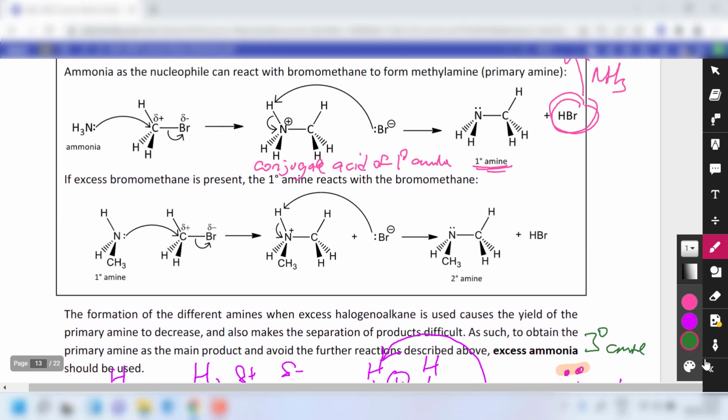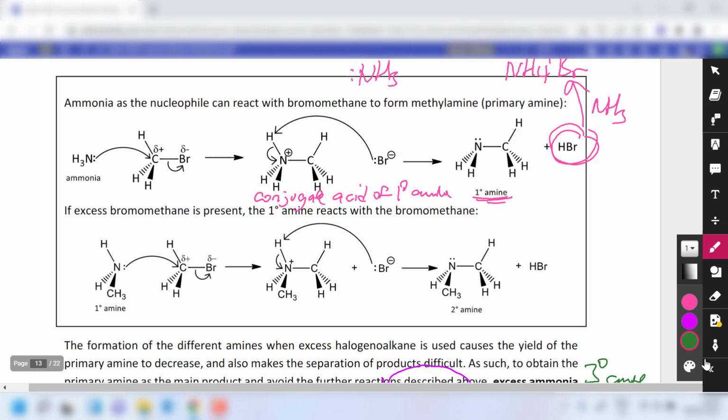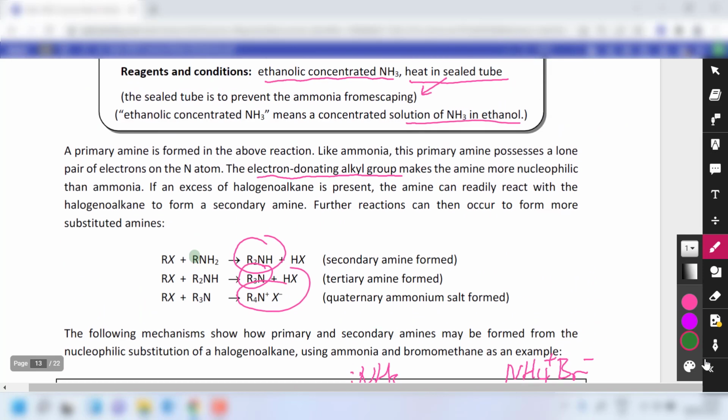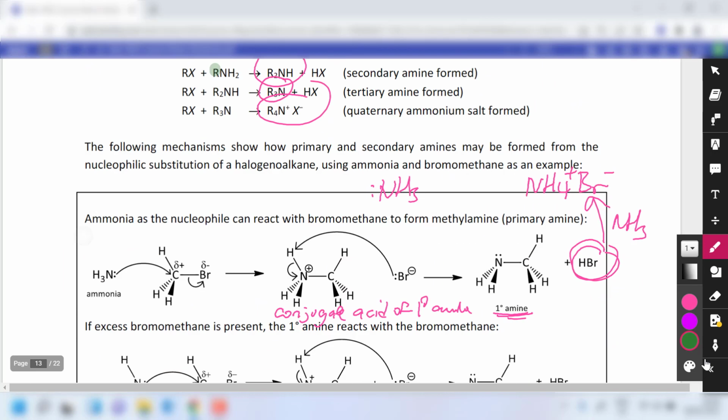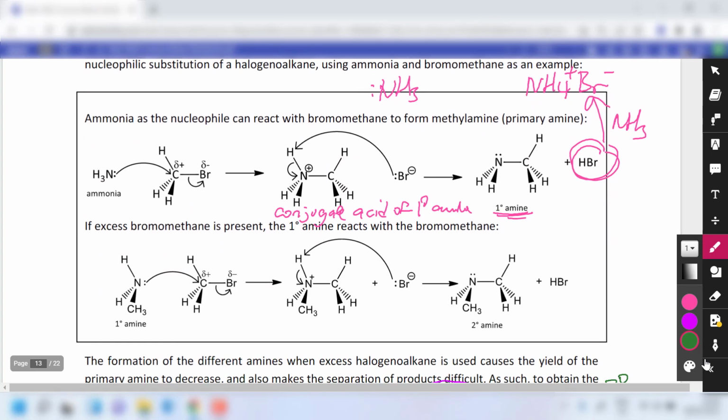You notice that over here in the mechanism, we did not draw out the transition state. So you'll be asking, isn't this a double standard? Because earlier on, I did mention that you have to draw it out. This is not exactly a double standard, because over here we are trying to showcase how we are going to produce the quaternary ammonium salts.